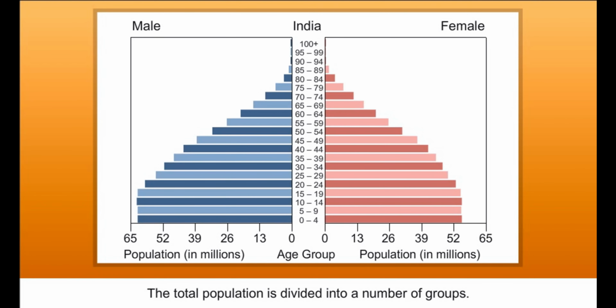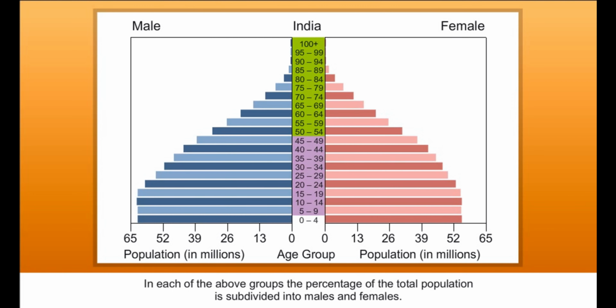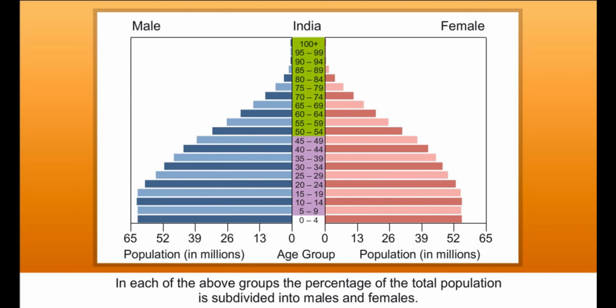The total population is divided into a number of groups. Example, aged over 50 years, 5 to 9 years, etc. In each of these groups, the percentage of the total population is subdivided into males and females.